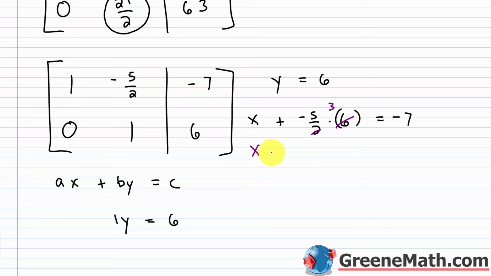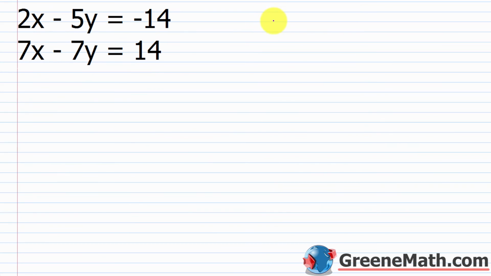So we would have x minus 15 is equal to negative 7. We would add 15 to each side of the equation, and we would have that x is equal to 8. So x equals 8, y equals 6. So I'm going to write that x equals 8, y equals 6, or the ordered pair 8, 6.